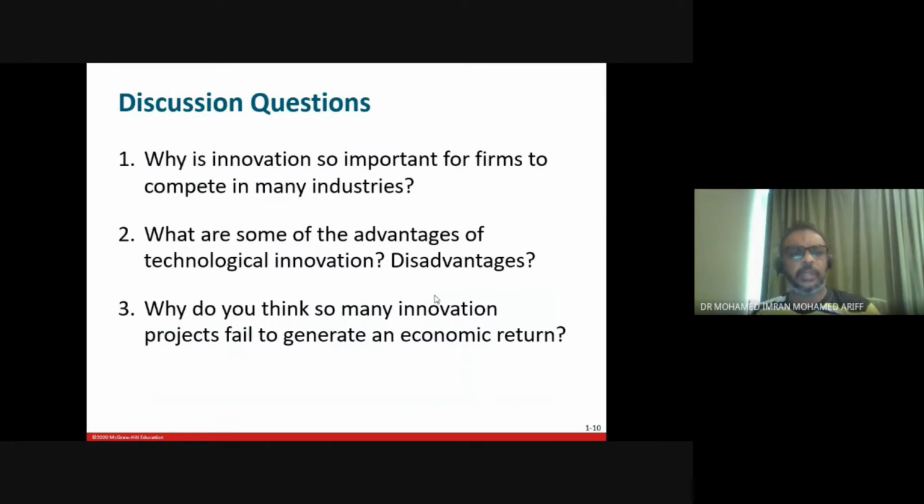Look at this question. Why is innovation so important for firms to compete in industry? What are some of the advantages of technological innovation? What are the advantages? Okay, let's answer question number 2 first. Anyone has any inputs or ideas?